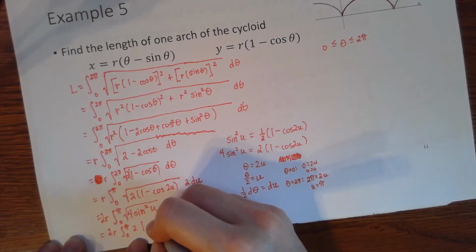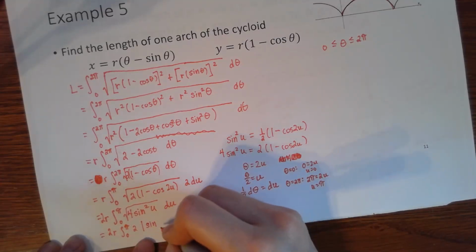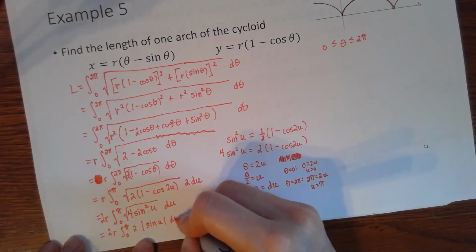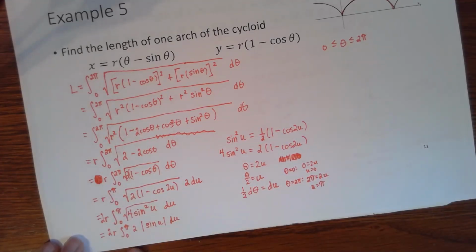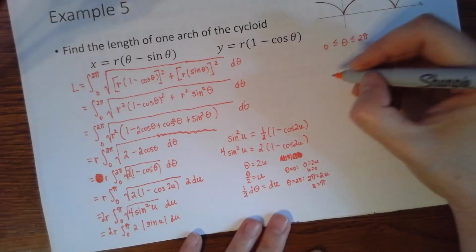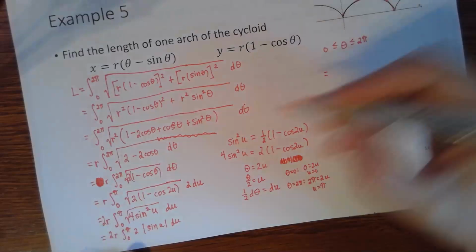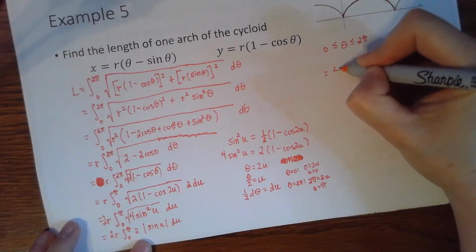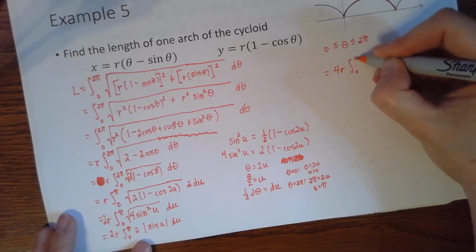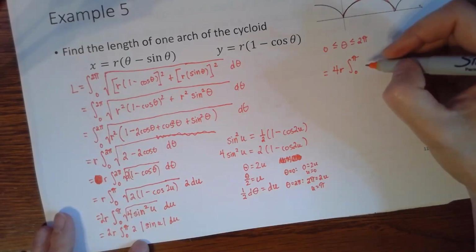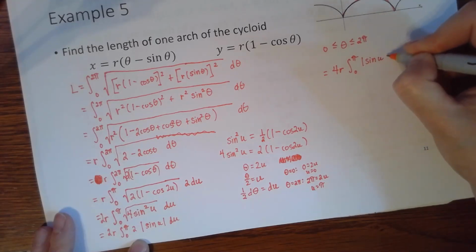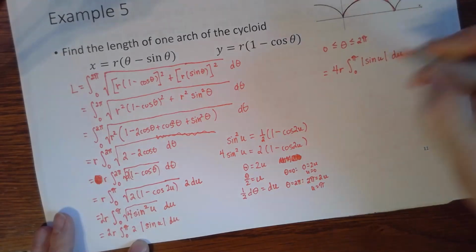So this is going to be 2r integral from 0 to pi of 2 times the absolute value of the sine of u. I'm going to pull that out front. I'm going to have 4r times the integral from 0 to pi of the absolute value of the sine of u du.